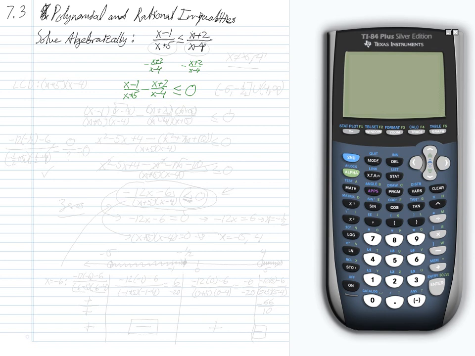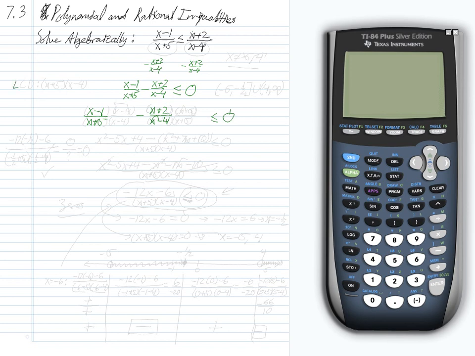Right now I have two separate rational functions, and they have different denominators. So if I space things out a little, this is x minus 1 over x plus 5, minus x plus 2 over x minus 4, and this should all be less than or equal to 0. So I would like to perform this subtraction, and at the moment I don't have a common denominator.